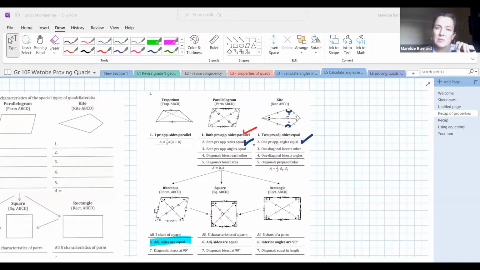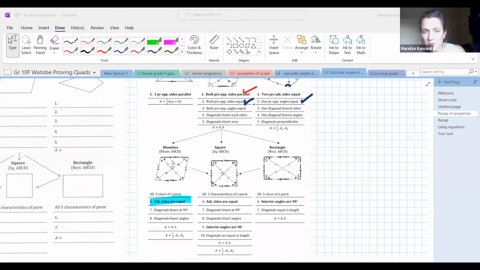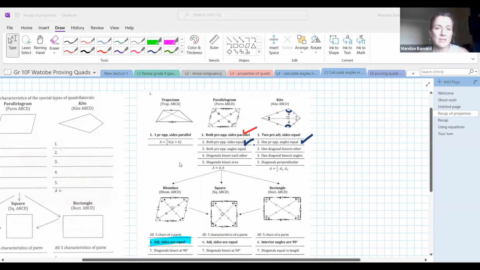The only difference between a parallelogram and a rhombus is that the rhombus has all its sides equal, so all the sides are equal, and the diagonals bisect at 90 degrees. So that's the difference. And if you didn't take a screenshot of this before, Mammy, then you must take one now, because this is what you need to learn and know for your properties of quadrilaterals.